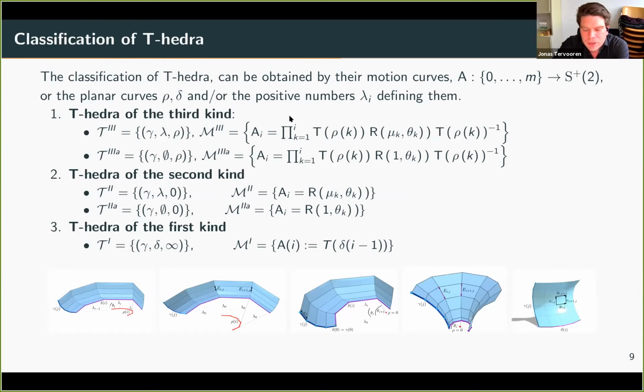The motion curve is obtained by translations, rotations, and stretchings, which we have in the picture here on the left at the bottom. And there we can consider the special case where we don't have any stretching, but just a rotation around the fixed prism curve that we see here.